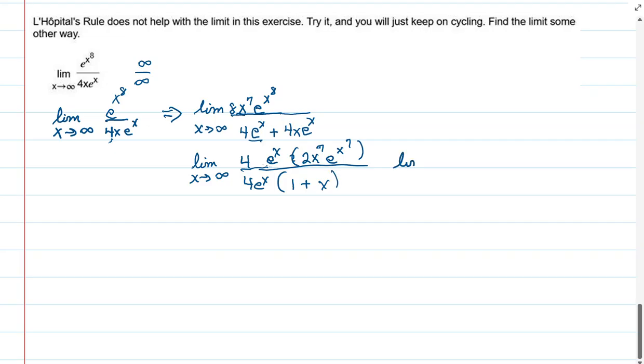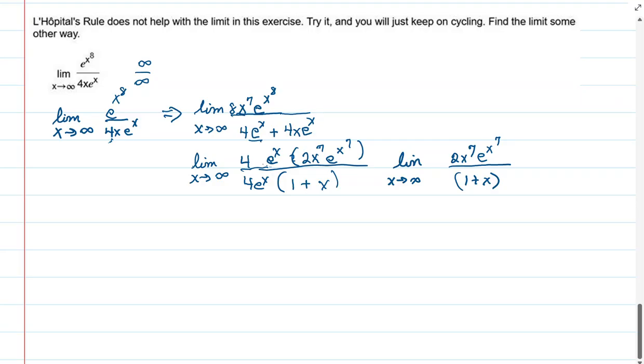Let me clean it up. Let me see if I see anything else that I forgot. In this case, we can possibly divide by x and get rid, oh, this is an exponent, and it didn't look like an exponent. Sorry.